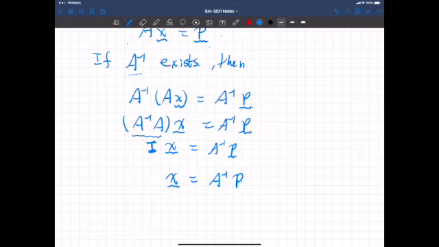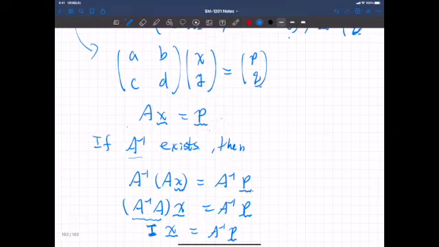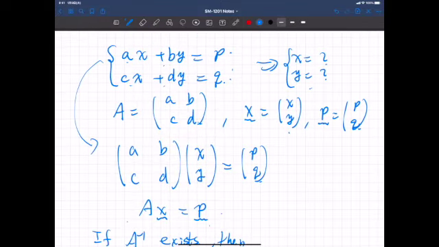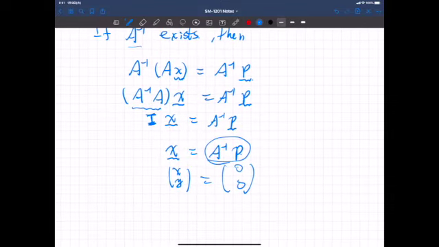Now this x is (x, y), and this is the vector resulting from this multiplication. So effectively, we have solved these simultaneous linear equations by using the matrix inverse.